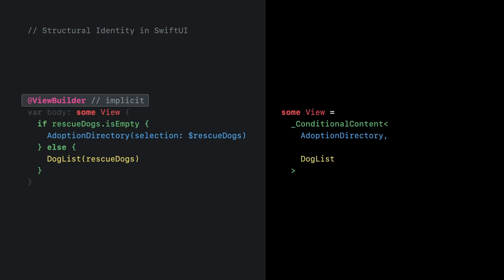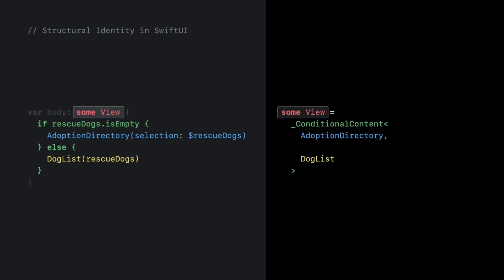The View protocol implicitly wraps its body property in a view builder, which constructs a single generic view from the logic statements in our property. The some View return type of our body property is a placeholder that represents this static composite type, hiding it away so it doesn't clutter up our code.